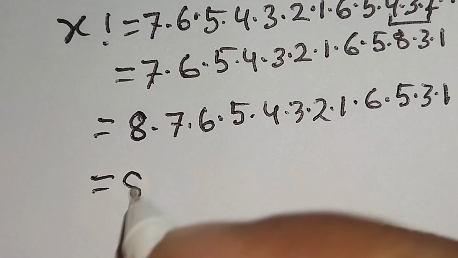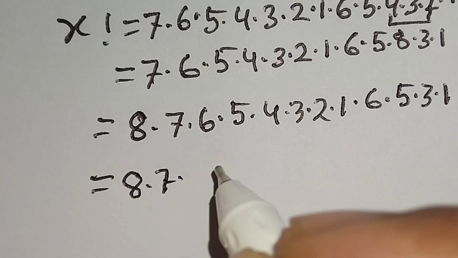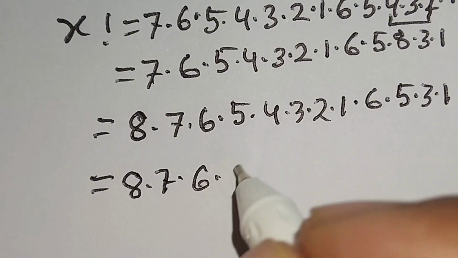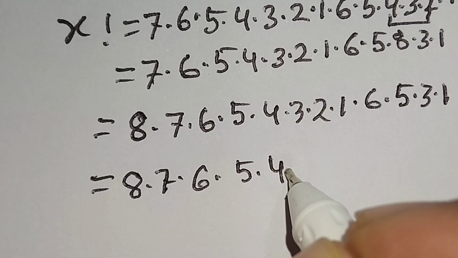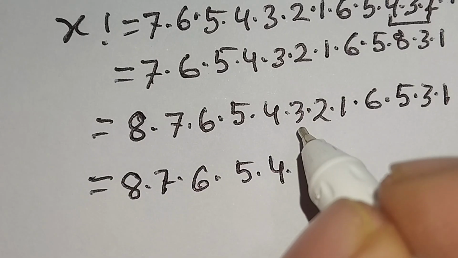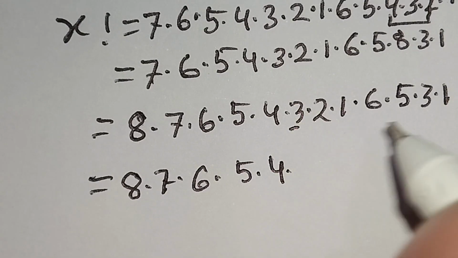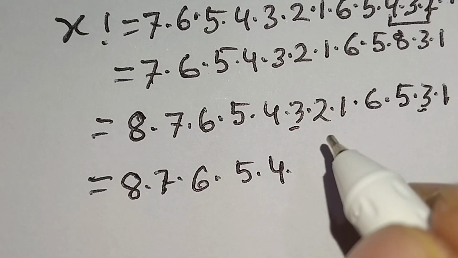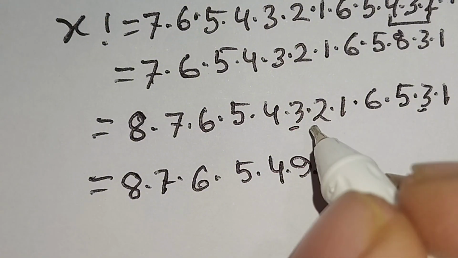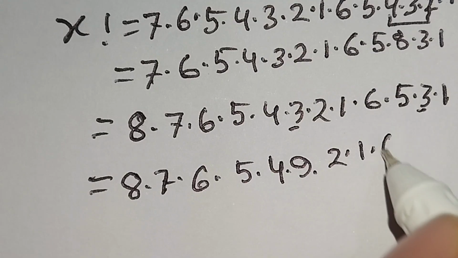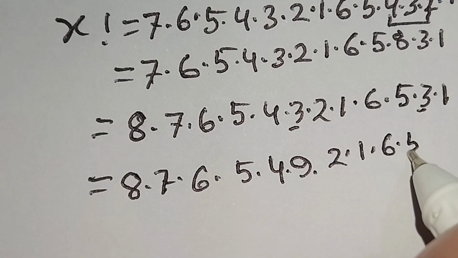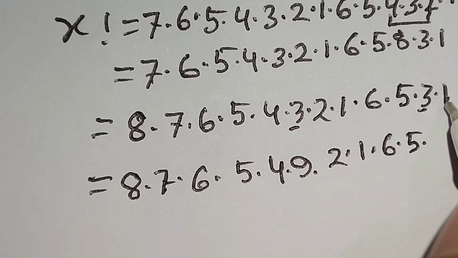Here 8 times 7 times 6 times 5 times 4 times this 3 times this 3 is equal to 9 times this 2 times this 1 times this 6 times this 5 times this 1.